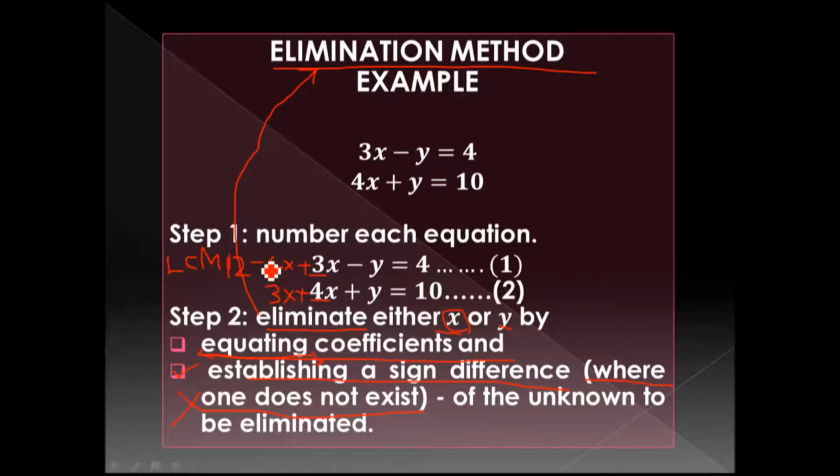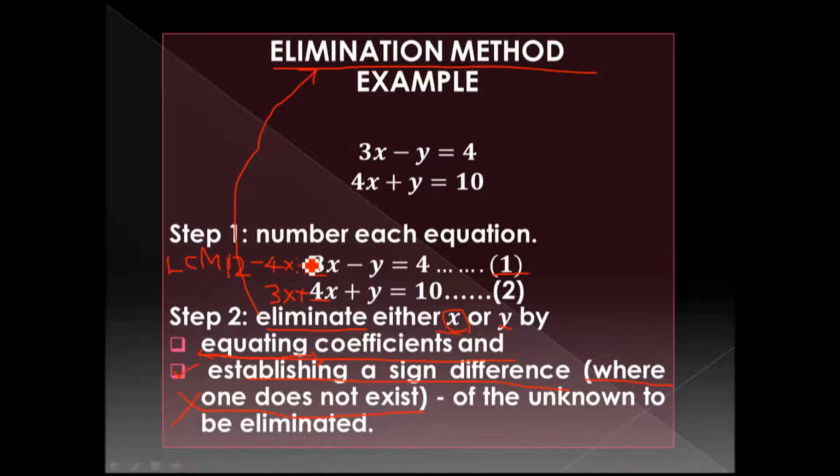I choose to place my negative sign on 4. And in placing our negative sign on 4, we can manipulate our signs in order to establish a sign difference. So in transforming equation 1, we are no longer going to use just 4, but negative 4 to multiply each term in equation 1.